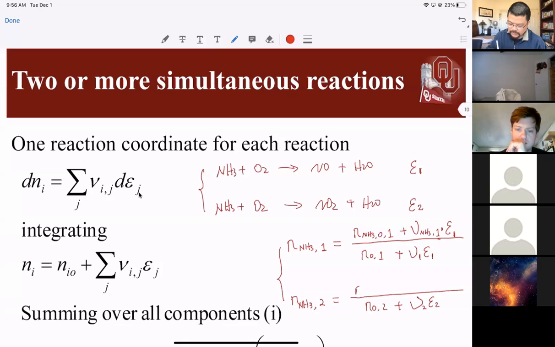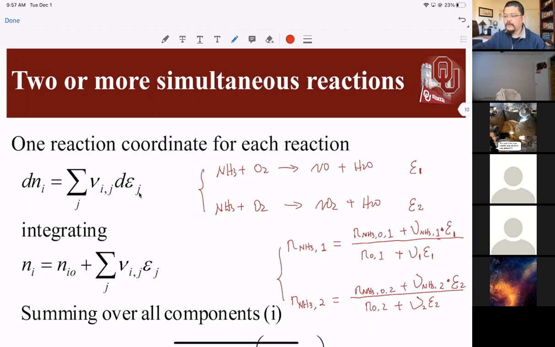And then I'm going to have initial ammonia assigned for the reaction 2. I'm going to have ammonia stoichiometry value for reaction 2 multiply. All right.